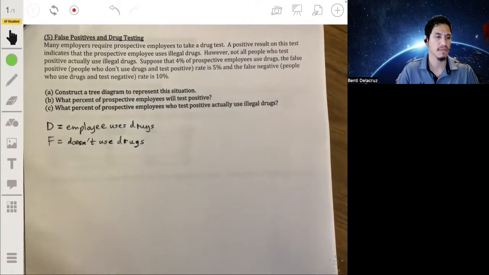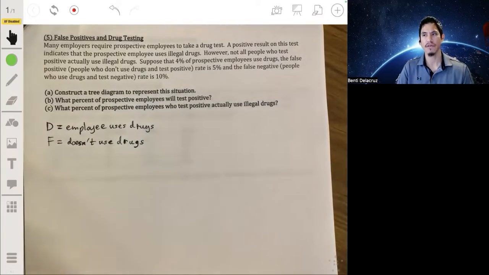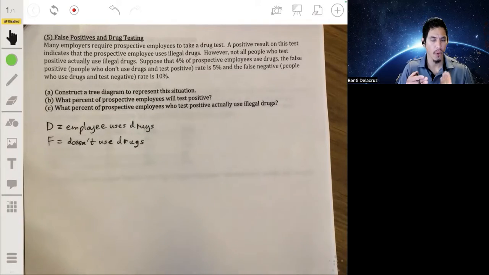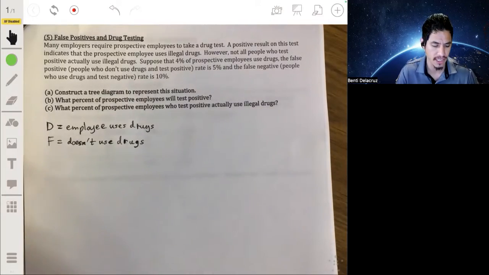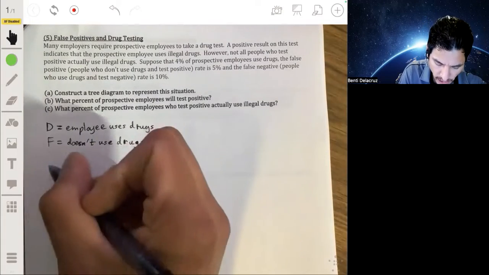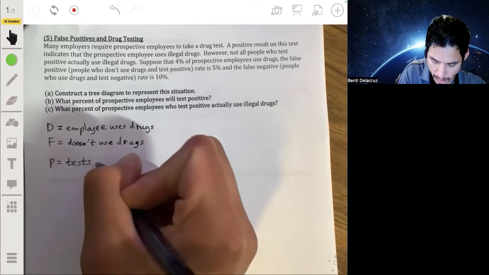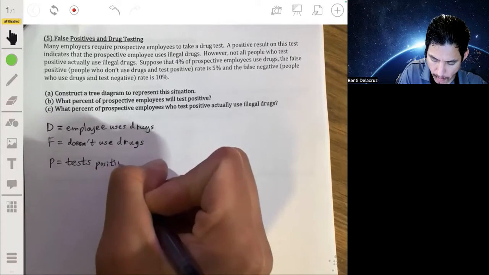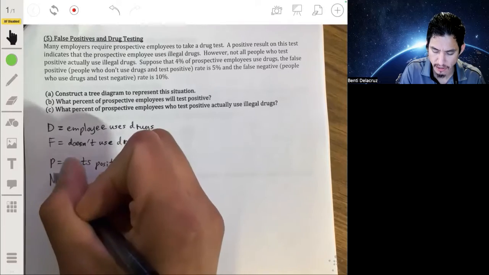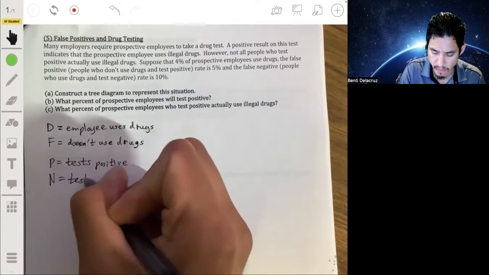Now what's the other thing? It's either that they test positive or they don't. You could say they test negative in this case. So we'll have P, meaning they test positive, and N, meaning they test negative.